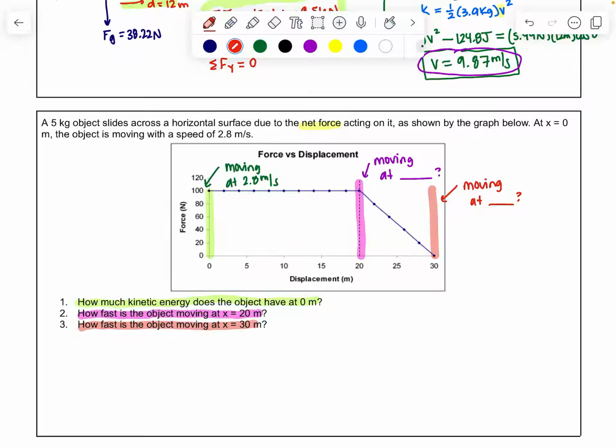Now let's look at the graph as a whole because there's a couple things here that I want to make sure that we point out. There is a force acting on this object at all points in time, and it is always a positive net force because all of those force values are above the x-axis. All that happens is it is a constant force from 10 to 20 newtons, which we're used to seeing. We can handle that. But then from 20 to 30 meters, the value for that force decreases.